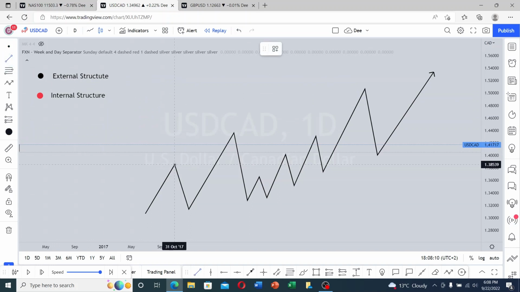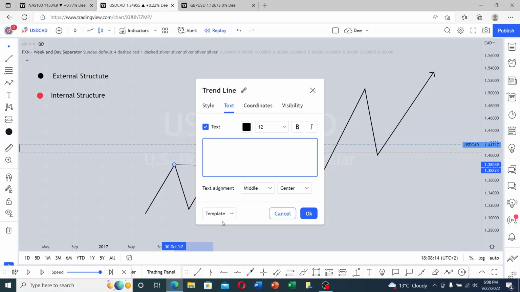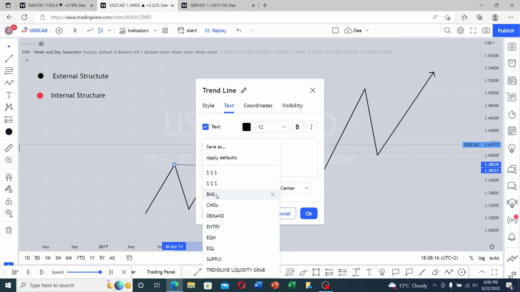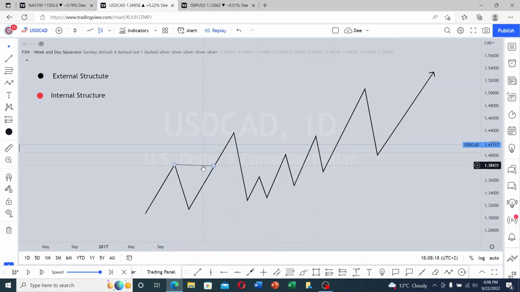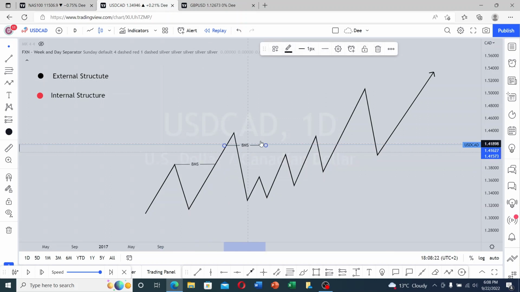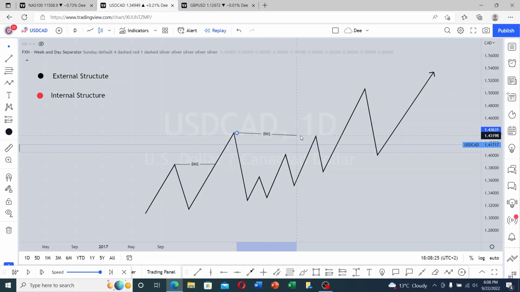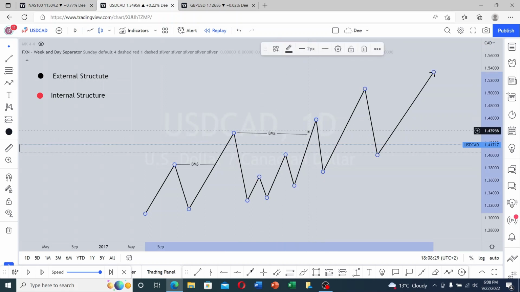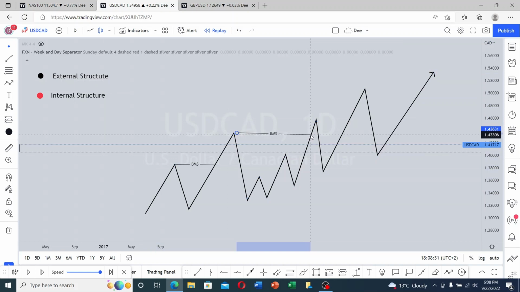So we have a break of market structure here, a break of market structure, and we have another break of market structure.